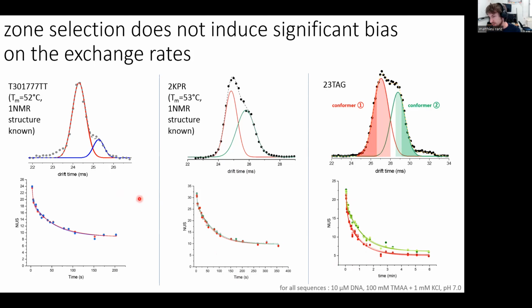And for comparison, here you have different other sequences that have different ion mobility, but only one structure, and we see that they perfectly match one another. So this is not a systematic bias due to the selection. Okay, so this is reliable, yes.